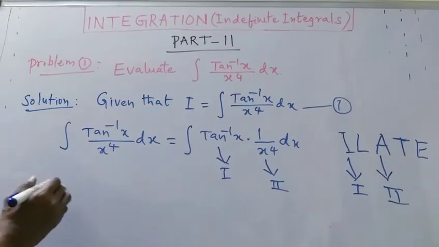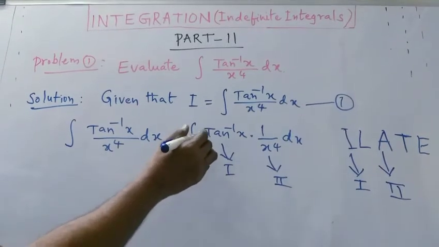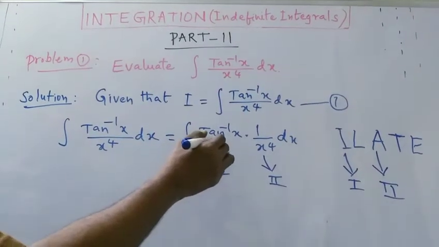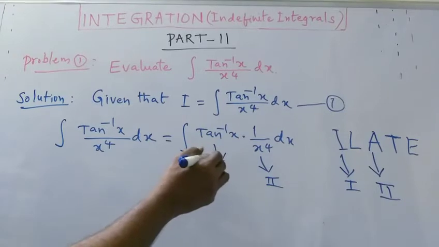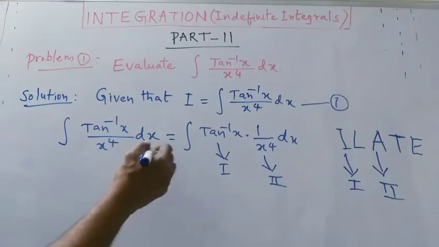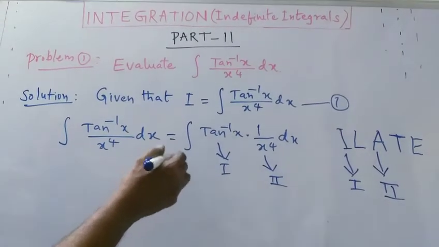This is equal to the integral of tan inverse x into 1 by x to the power of 4 dx. Now we have to use the integration by parts formula.